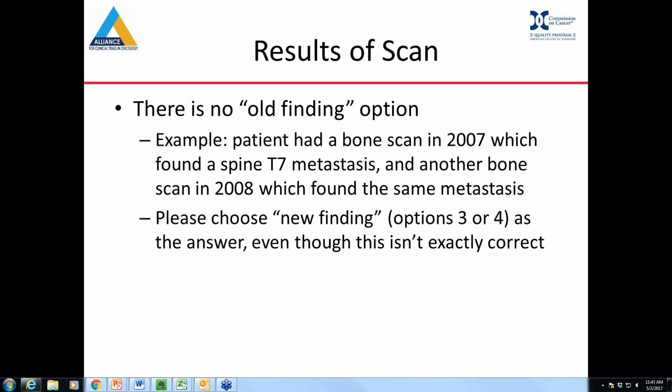So we have modified the instructions to be that we only want the scans related to prostate cancer. However, if you have already entered the other scans, we will gladly accept them, and they will be very beneficial to the data collection. But if it's a lot of work on your part, then we only want the prostate cancer scan.